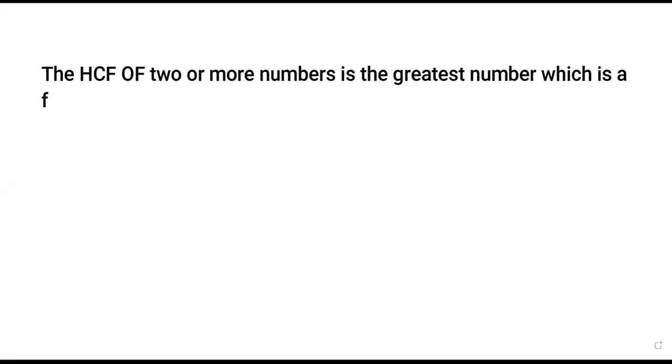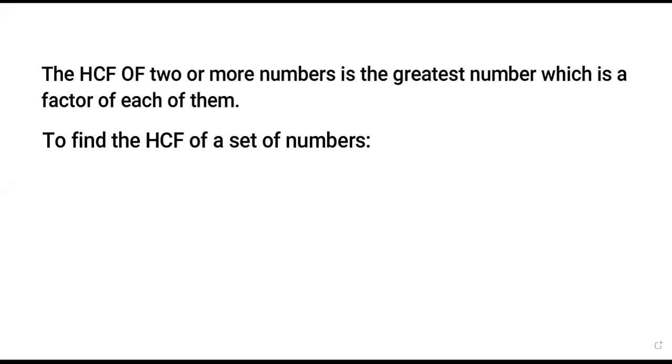Highest common factor. The highest common factor of two or more numbers is the greatest number which is a factor of each of them. To find the HCF of a set of numbers, there are basically three things you need to do.